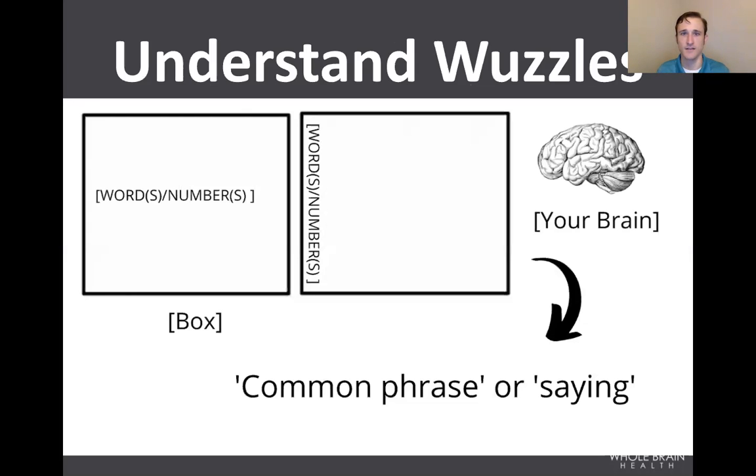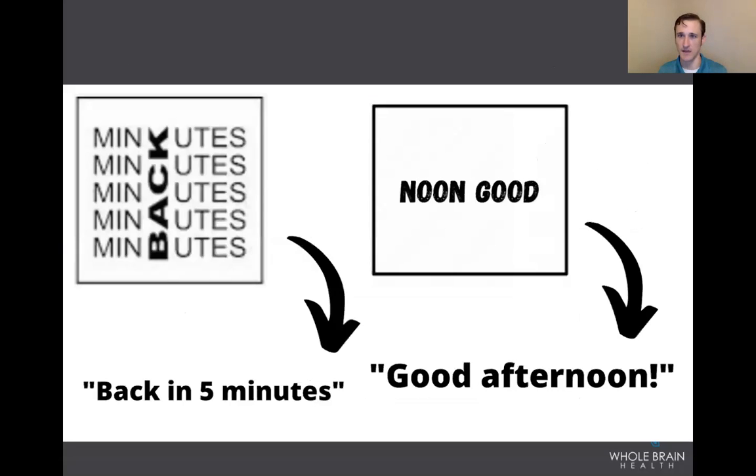All right, so this is how they work. You're going to be given a box and then a word or arrangement of numbers inside the box, maybe even outside the box on some occasions. And you're going to use your brain to determine what is the common phrase or saying. And here are some examples.